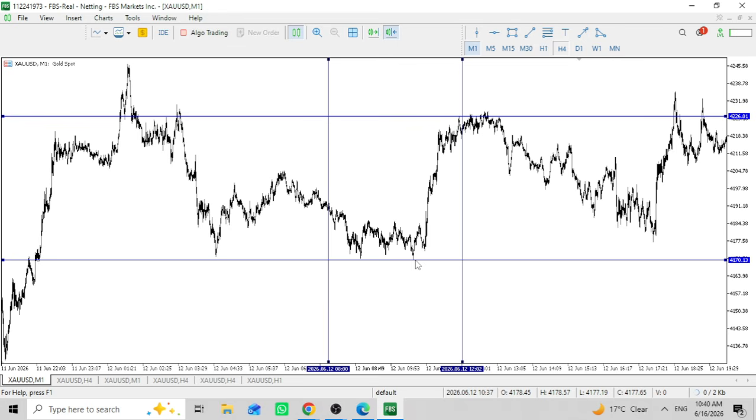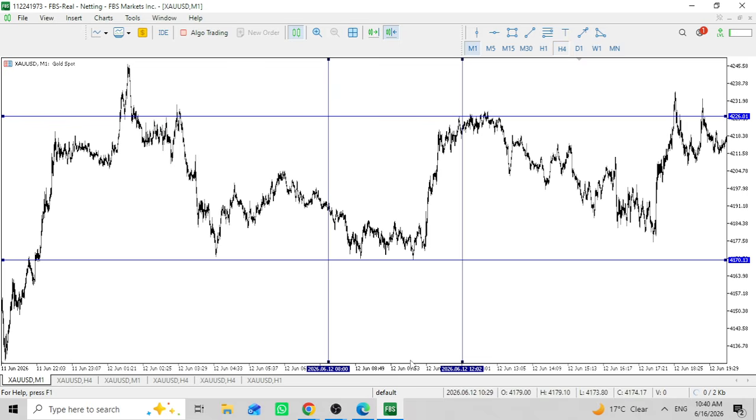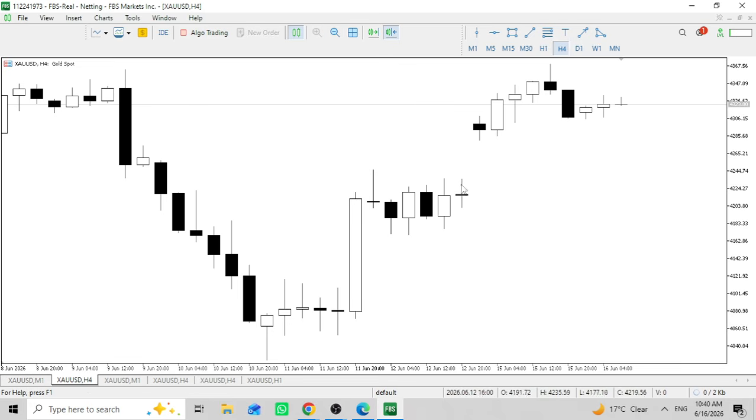Now closing price, I have to go to that 4-hour candle and check. Date 11th, previous day, this one. Date 11th. Oh, this is date 12. So 8 a.m. Date 12. Where is date 12? This is date 12, 16. This is date 12. Yeah.